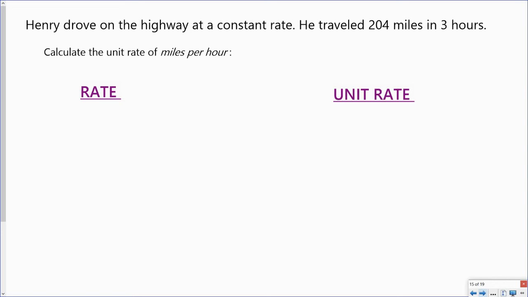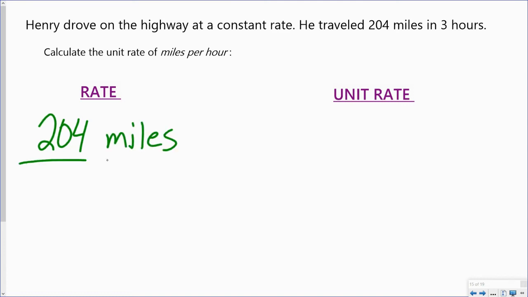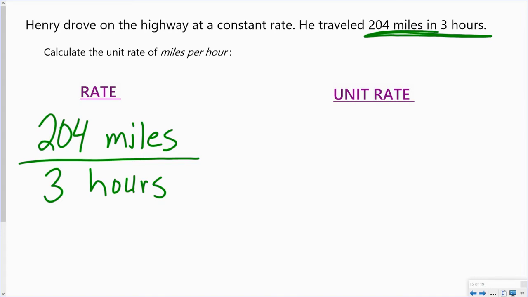Now, if we take a look at this problem, it says Henry drove on the highway at a constant rate. He traveled 204 miles in 3 hours. So my rate would be the 204 miles over, or per, 3 hours. So this right here is my rate.